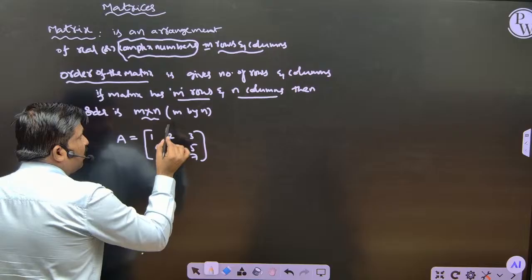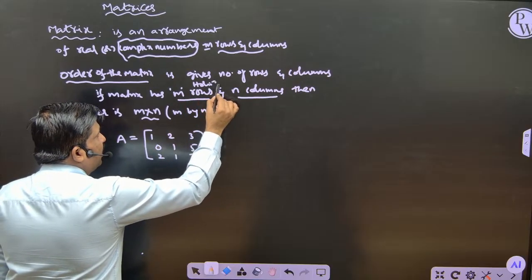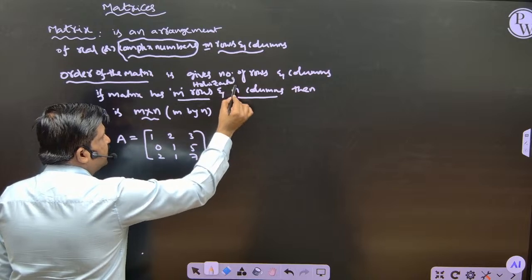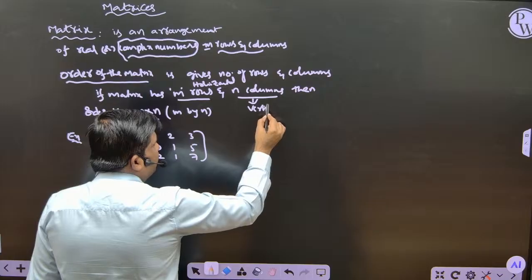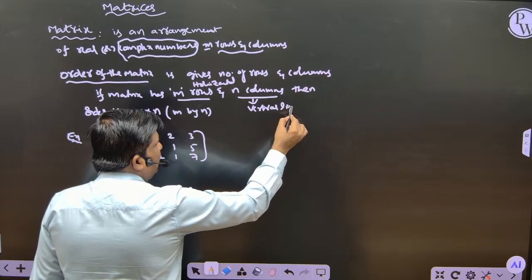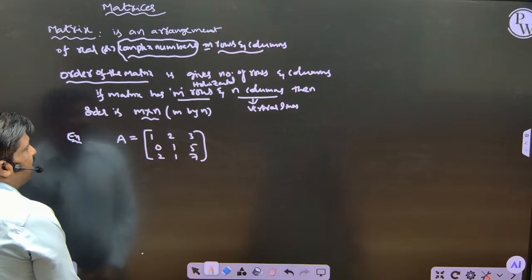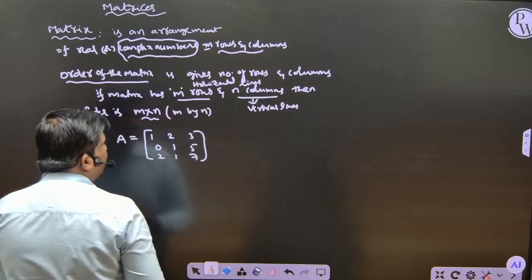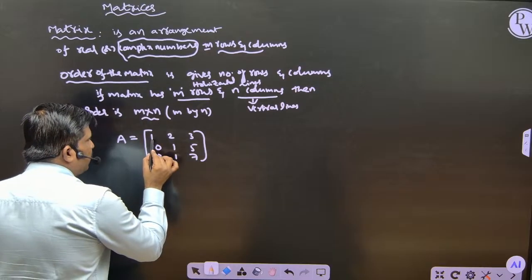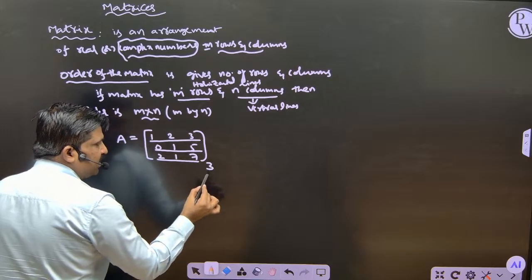Rows are horizontal lines, columns are vertical lines. Here how many rows are there? 1, 2, 3. Three rows.